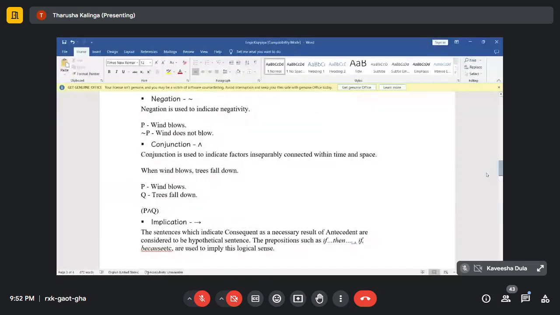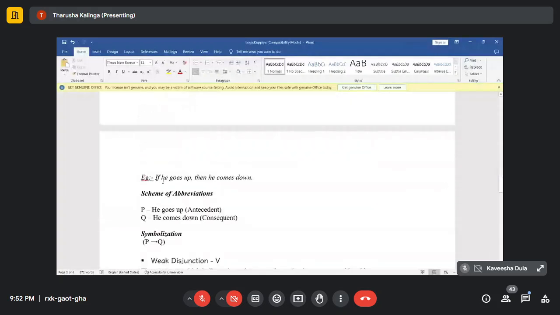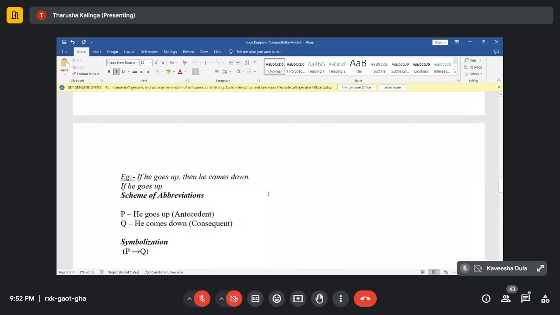Here under implication, let's take this example. If he goes up, then he comes down. I think everyone can see this screen.